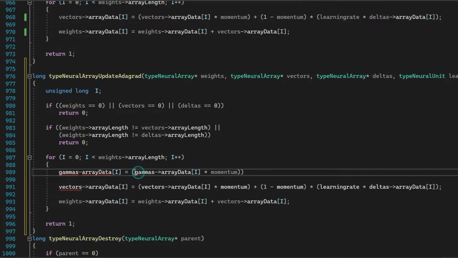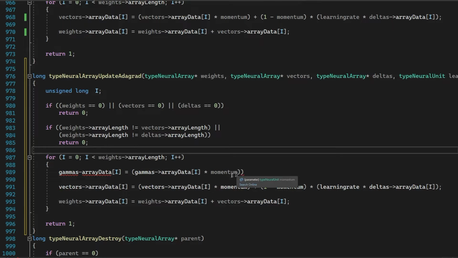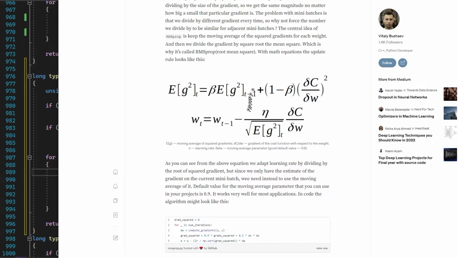Okay, it's not the same thing here. Yeah, just trying to figure out what it means here. Gammas times momentum times, no, it's not times. Yeah, it's the previous value. Momentum times the previous value.